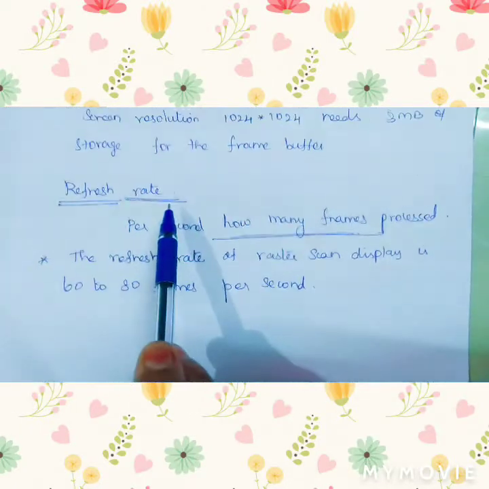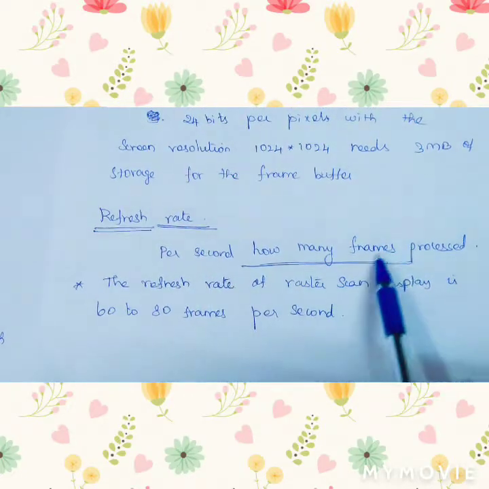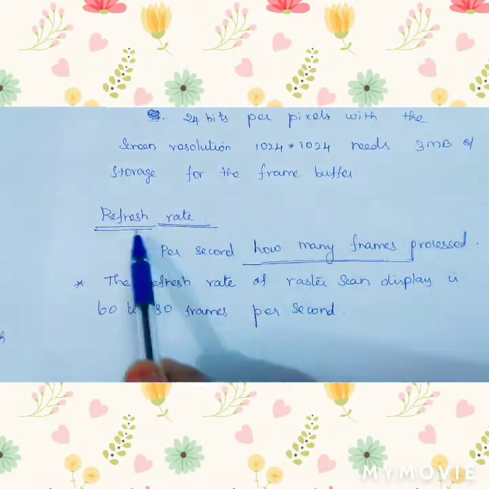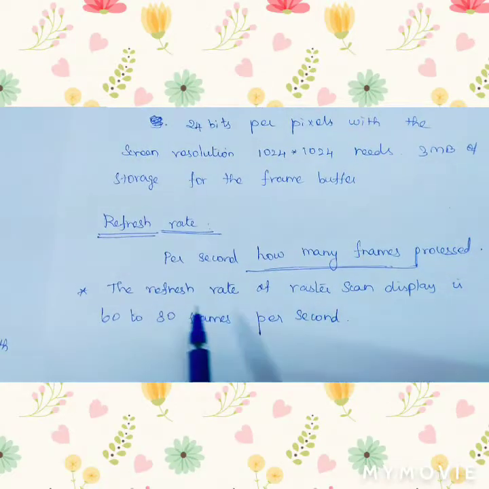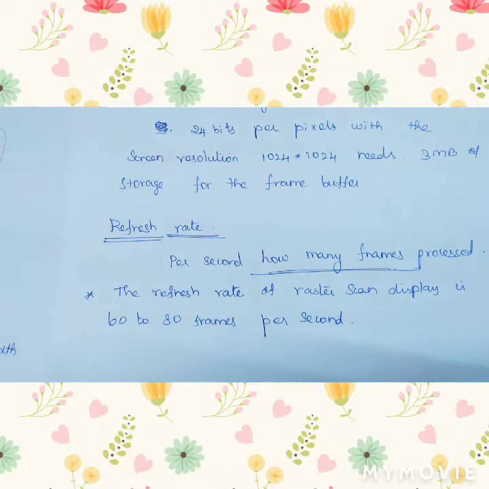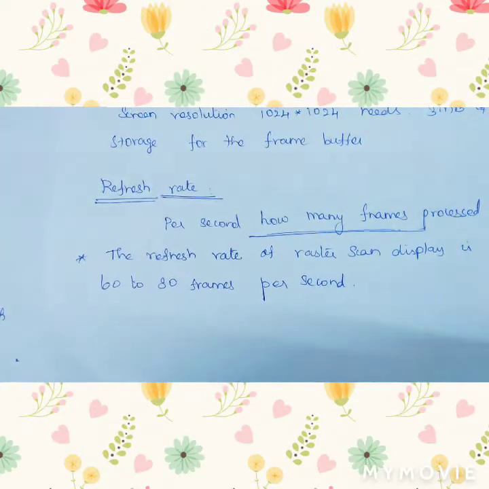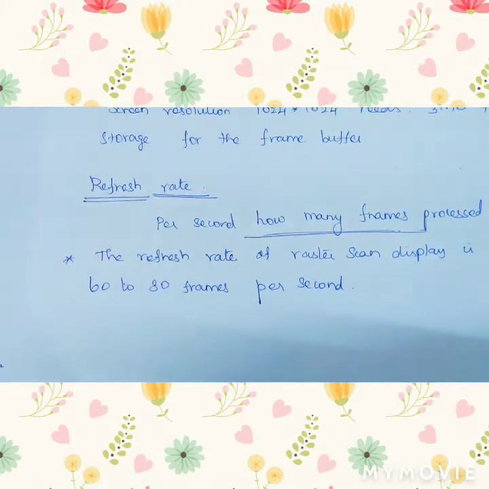Next one, refresh rate. Per second, how many frames are processed? That is called the refresh rate. The refresh rate of a raster scan display is 60 to 80 frames per second. The refresh rate generally represents the total number of frames processed per second.